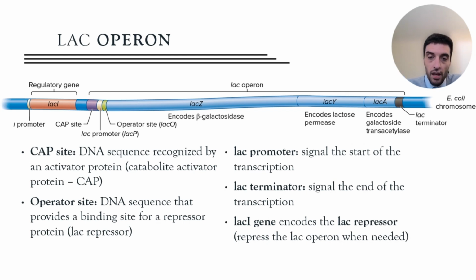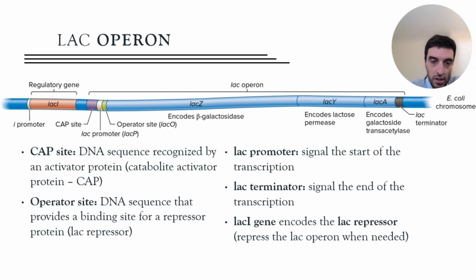So let's explore further the structure of the lac operon. As you can see in this beginning, we're going to have a bunch of regulatory properties in here. We're going to have one site called CAP, from catabolite activator protein. In this site, we're going to have a DNA sequence that's going to be recognized by an activator protein. So here's where the start of the transcription is going to start. It's going to bind over there and start the transcription.